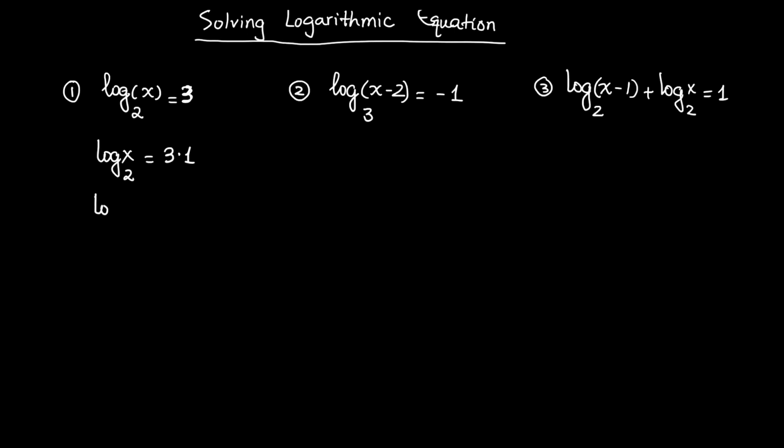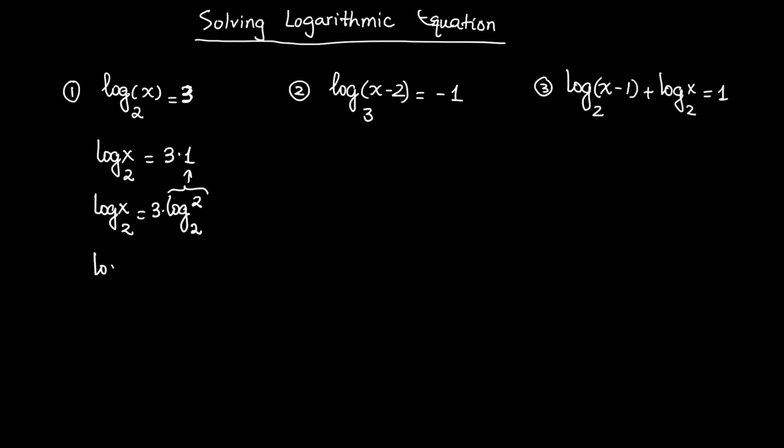So I have log base 2 of x equal to 3 times log of 1, which is just log of a base a. I want you to have log on both sides with the same base, so I'm going to put 2. It has to be 2 so that it gives me 1, so that I'm not changing the problem.